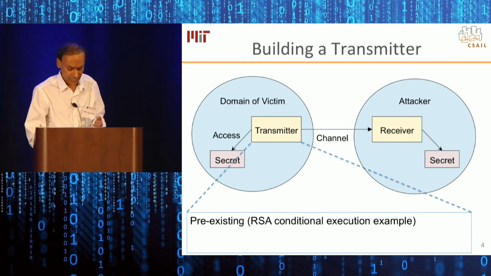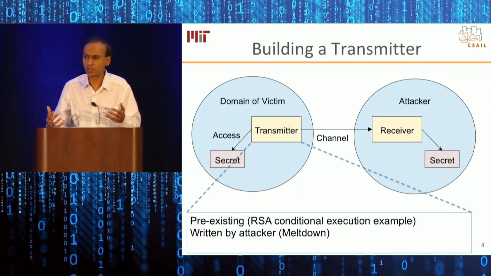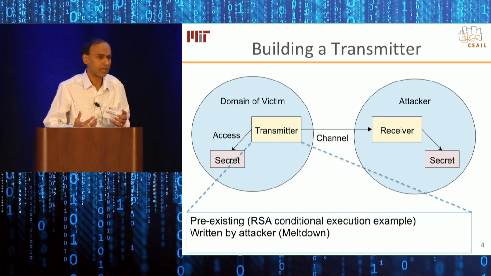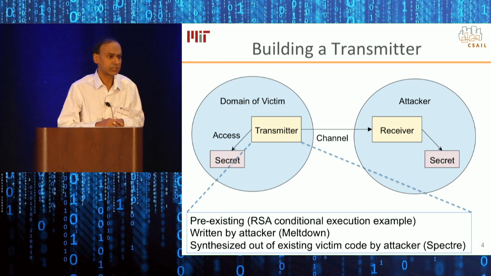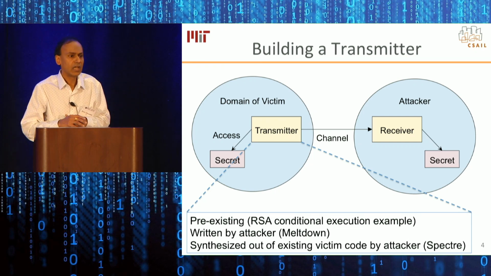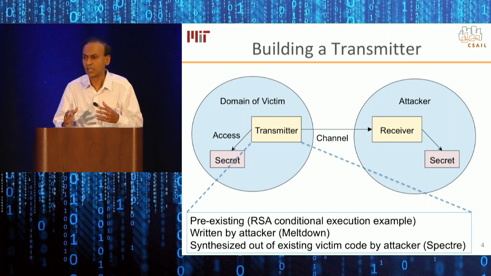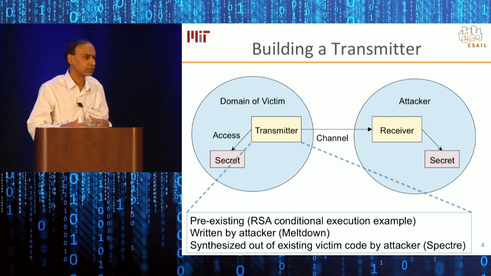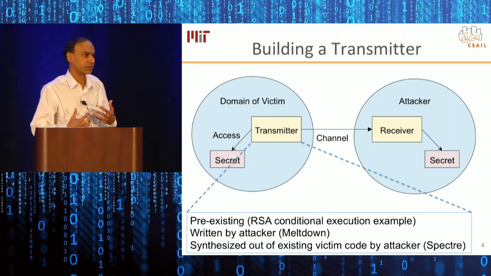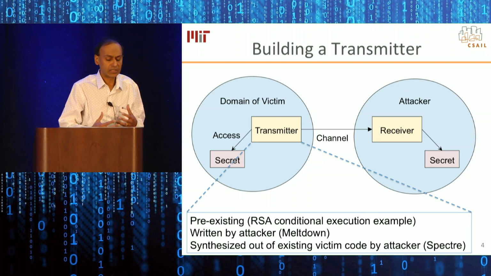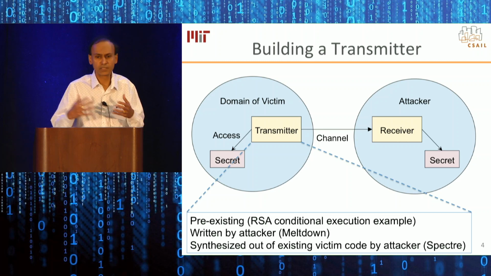So that's an example. But more sophisticated examples are things like Meltdown, which corresponds to a bug in the processor pipeline, and even more sophisticated examples, which give you a really rich attack surface if you're an attacker, are things like Spectre and Meltdown, where they're actually synthesizing transmitters from victim code, putting together pieces of code that exist in the victim and have the privilege of the victim, and using that to exfiltrate information through particular side channels.